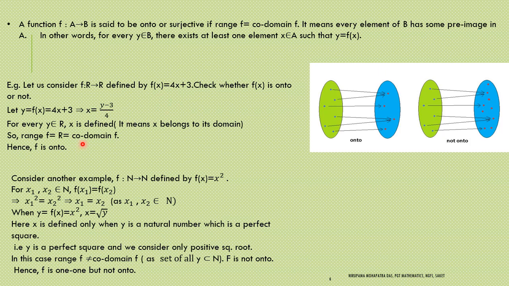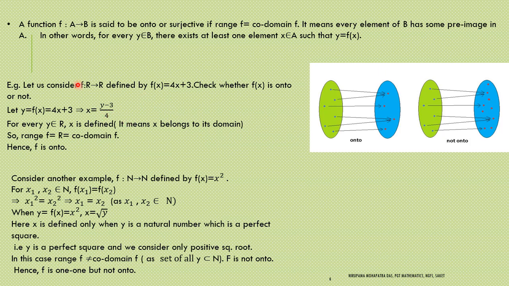So here let's see, we have taken y equal to f(x) equal to 4x plus 3. It means x equal to (y minus 3) by 4, right? For every y belongs to R, x is defined. So when we say x is defined, it means x belongs to its domain.